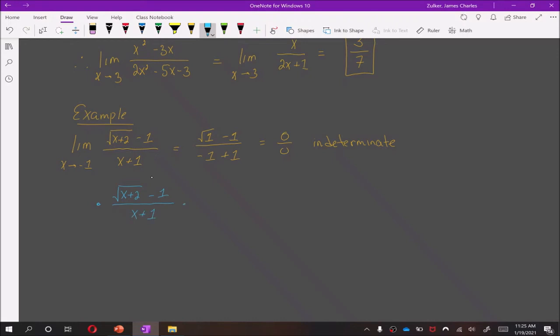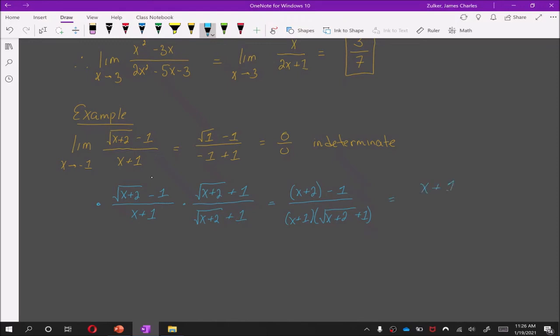Here what we can do is we can rationalize. So multiply numerator and denominator by the square root of x plus 2 plus 1. Now the numerator is a difference of squares, so we'll have x plus 2 minus 1, and then x plus 1 times that square root of x plus 2 plus 1 in the denominator.